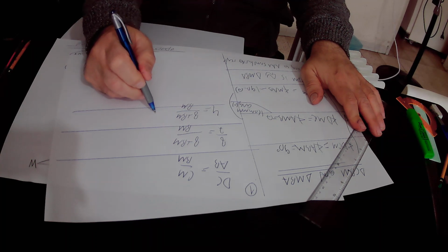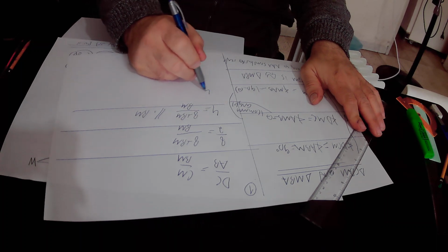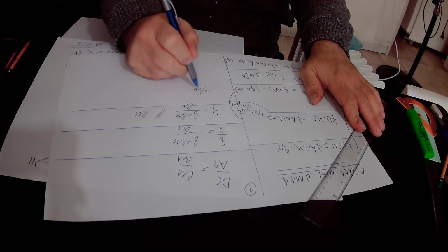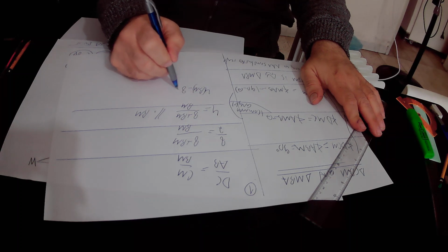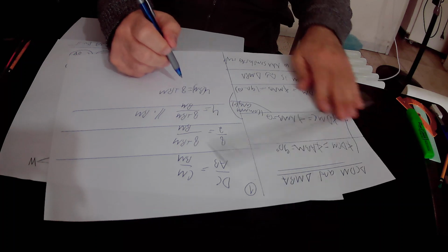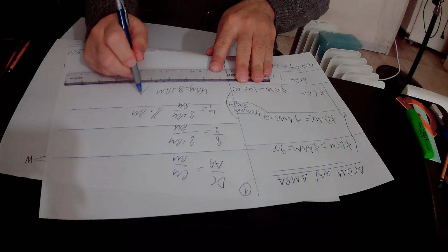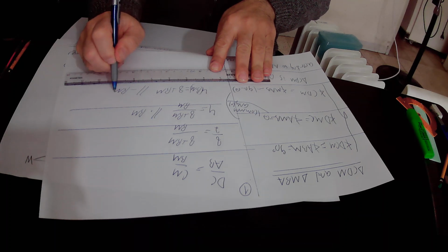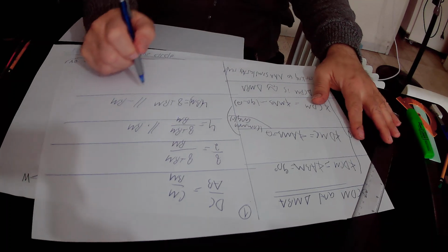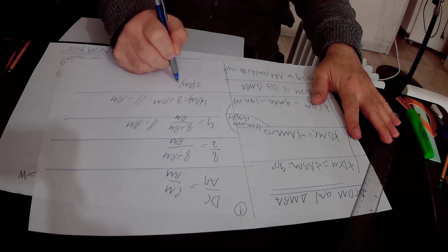Here we multiply this equation by BM, and we get that 4 times BM equals 8 plus BM. Here we'll subtract BM from this equation, and we get that 4BM minus BM is 3BM, that is equal to 8.